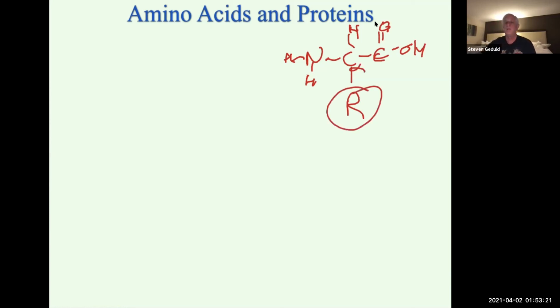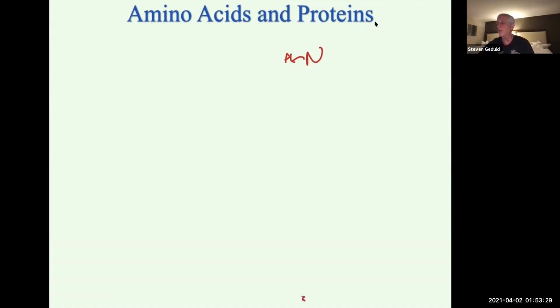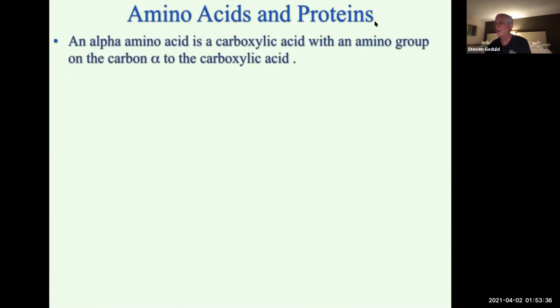It's called an alpha amino acid because that R group attaches to the alpha carbon, and that's the only difference in the different amino acids. So the alpha amino acid is a carboxylic acid with an amino group on the alpha carbon, the carbon adjacent to the carbonyl carbon.